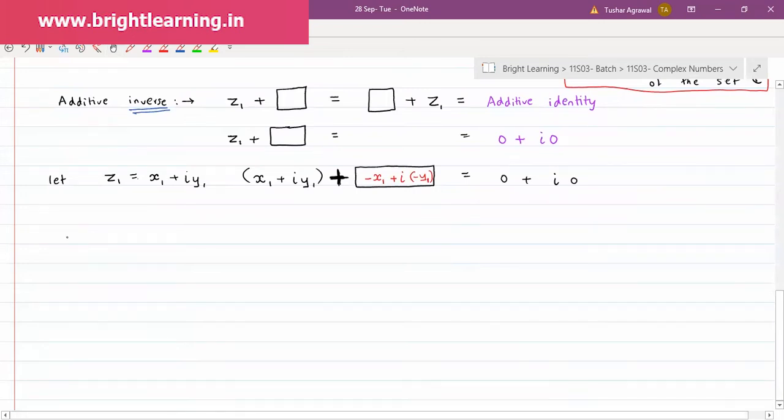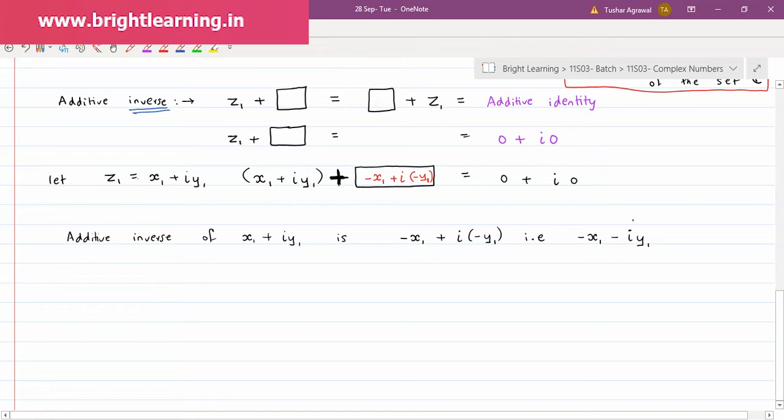We say that the additive inverse of x1 plus I times y1, of this particular complex number, is minus x1 plus I times minus y1, that is minus x1 minus I times y1, one and the same thing.